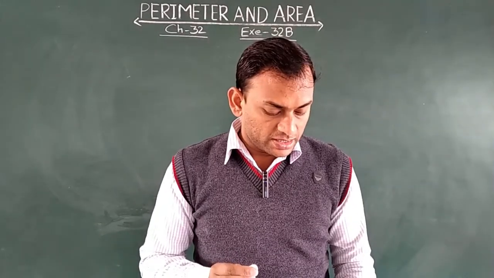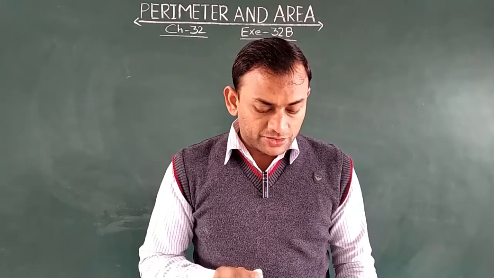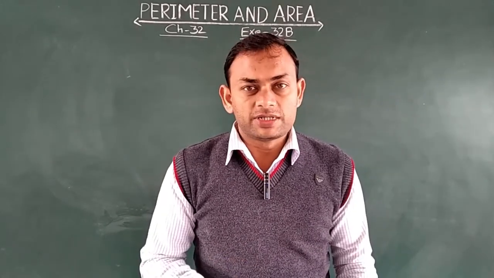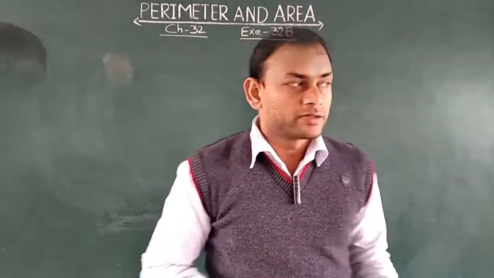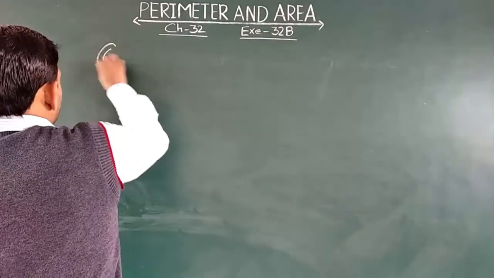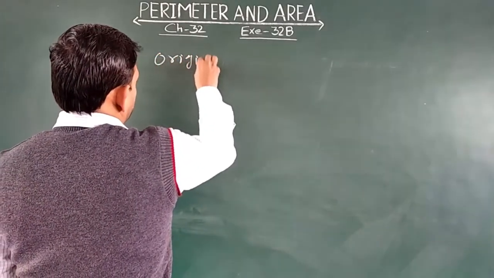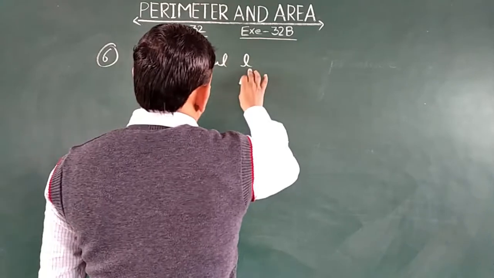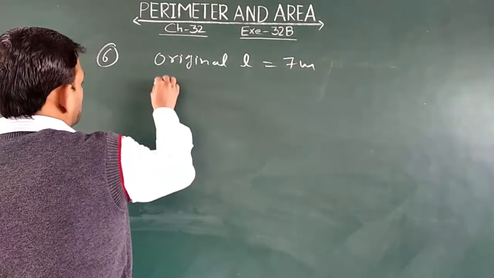Now I am going to tell you question number 6. This question is saying that each side of a square is 7 meter. If each side is increased by 3 meter, what will be the increase in its area? So this is question number 6. The original length, L for length, is given as 7 meter.